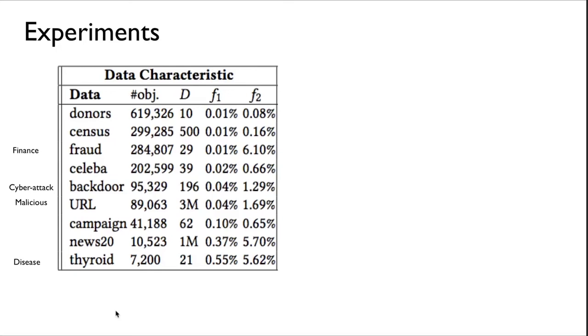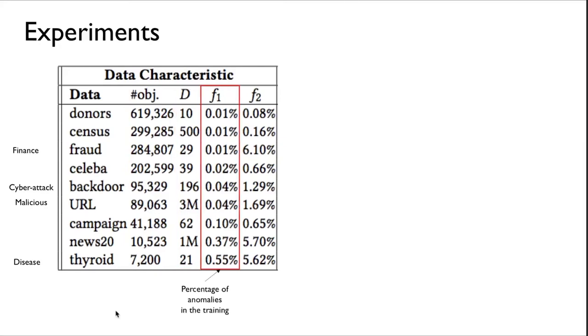For the rest, they are datasets with semantic anomalies, meaning that there are some data points which are not semantically similar to the rest of the dataset. The first column is the number of objects, the number of data points in each dataset. The second column is the dimensionality of the data points.